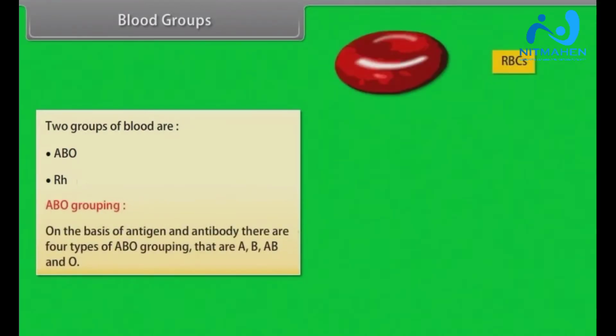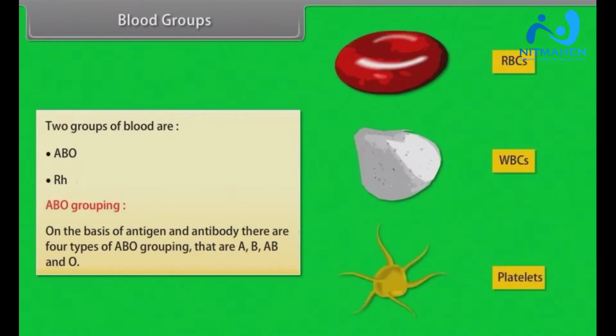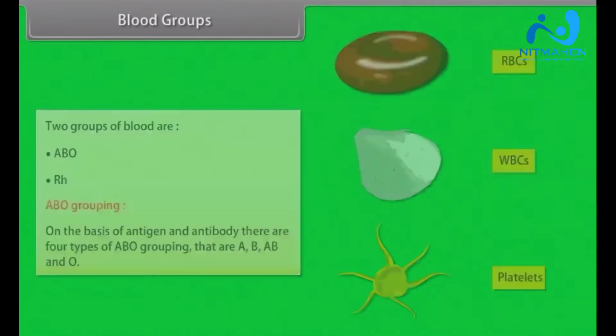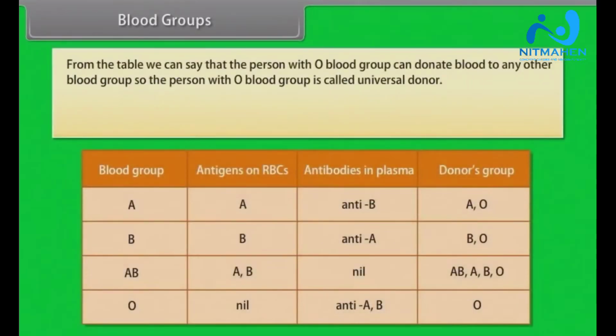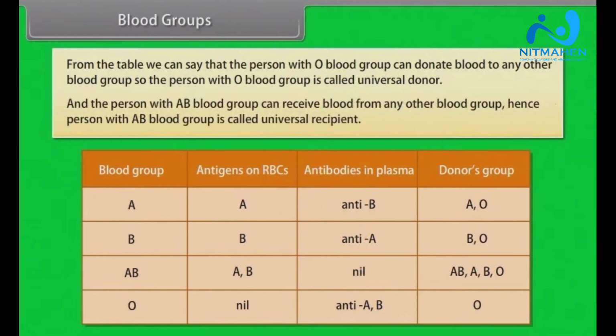On the basis of antigen and antibody, there are four types of ABO grouping: A, B, AB and O. From the table we can say that the person with O blood group can donate blood to any other blood group, so the person with O blood group is called universal donor. And the person with AB blood group can receive blood from any other blood group. Hence, the person with AB blood group is called universal recipient.